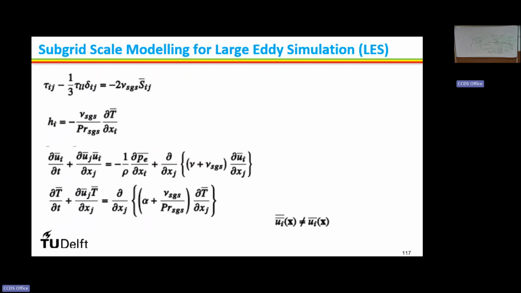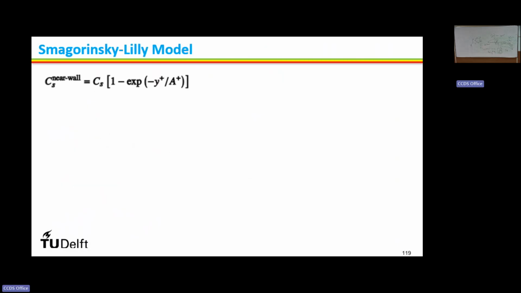We don't need any additional transport equation like k, epsilon, omega. This is called the Smagorinsky-Lilly model. But what is the problem with this model? The problem is that it has an issue near the wall.